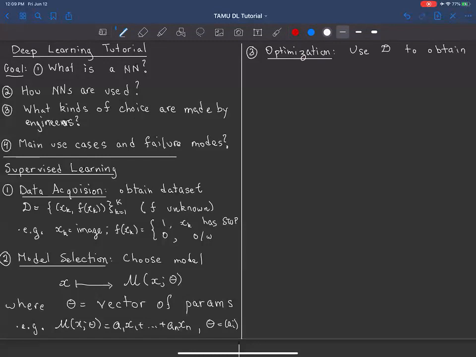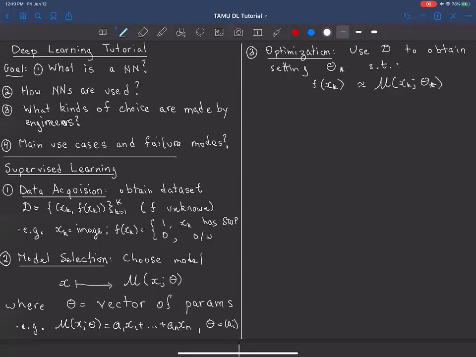So you want to obtain a setting of parameters, I'll call it theta star, such that the following essentially holds. So on your training set, the outputs you have are pretty close to the outputs that your model gives you with this setting of trainable parameters. Okay, so that's the goal.